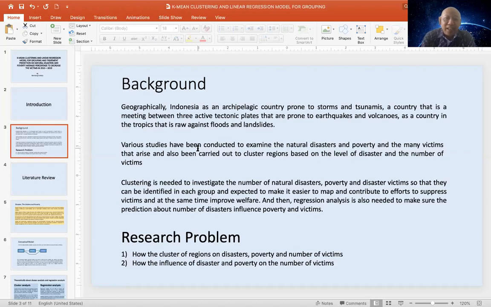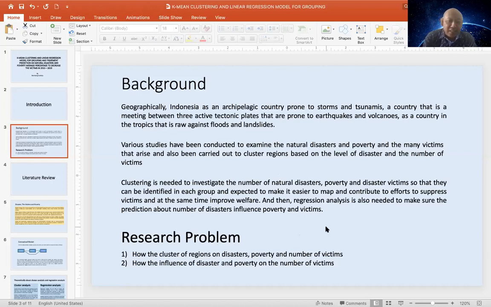Various studies have been conducted to examine natural disasters, poverty, and the many victims that arise, and also to cluster regions based on the level of disasters and the number of victims.